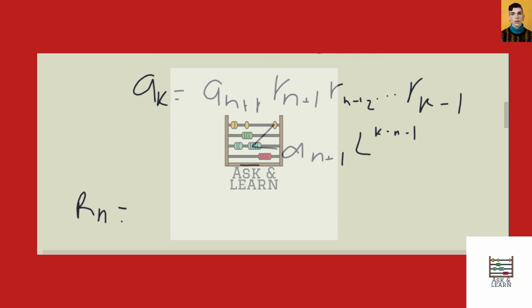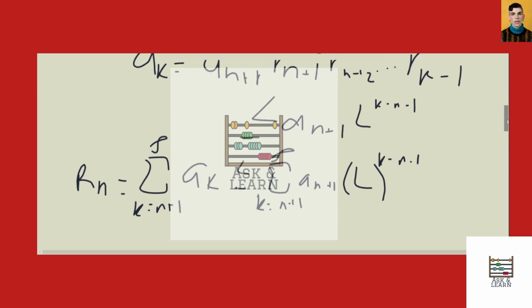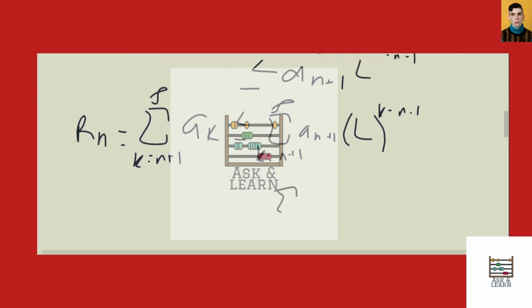So we have r sub n is equal to the sum from k equals n plus 1 to infinity of a sub k, which is less than or equal to the sum from k equals n plus 1 to infinity of a sub n plus 1 times L to the k minus n minus 1, which, like in the above problem, can also be simplified to some arbitrary j value, which equals 0 to infinity.